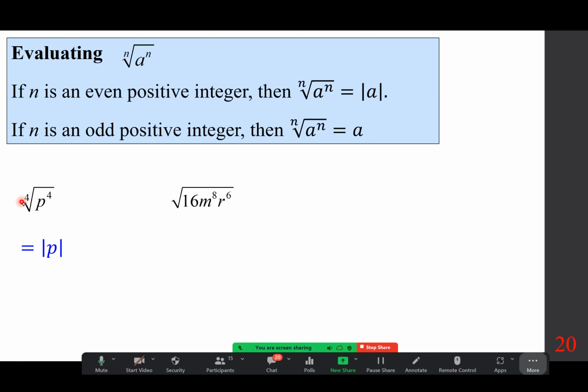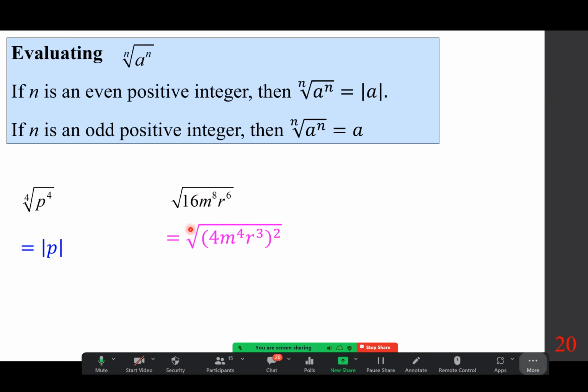In this case, since we are taking the square root, this is 4 squared, this is m to the power of 4 squared, and this is r cubed squared. Or I'll show you the second method quickly in a minute. If we knew that the variables represent positive, we would just say 4m to the power of 4 r cubed, because this is true.